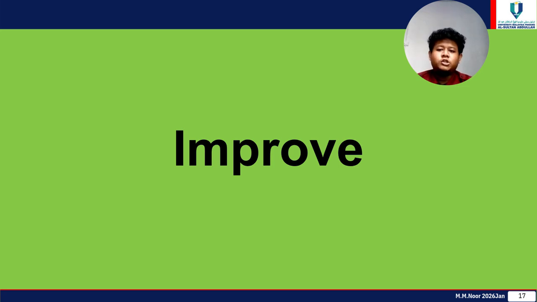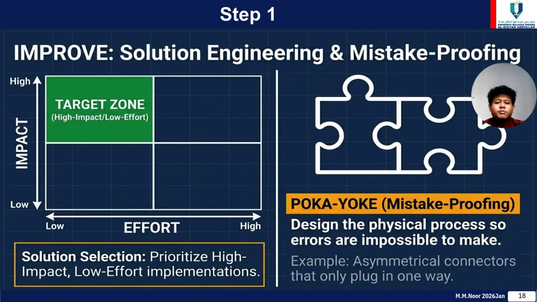With validated root causes, we enter phase 4, improve. Step 1 focuses on solution engineering. We map out brainstormed solutions onto an impact effort matrix, isolating our green target zone, which represents high impact, low effort implementation.